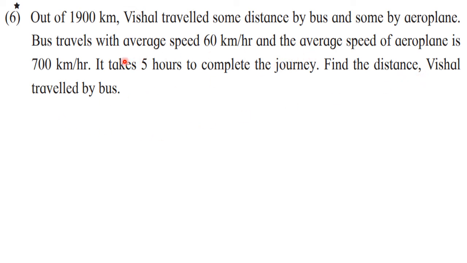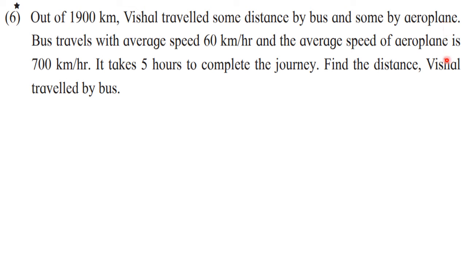Now here they have asked us about the distance traveled by bus. In this question we can observe the total distance is 1900 kilometers. Out of that, some distance is covered by bus and some is covered by aeroplane. So these two distances we will take as x and y kilometers. That means the distance covered by the bus we will take as x kilometers and the distance covered by the aeroplane we will take as y kilometers.